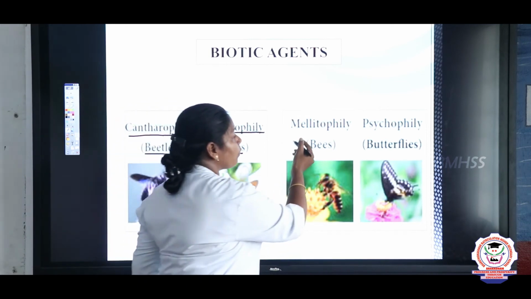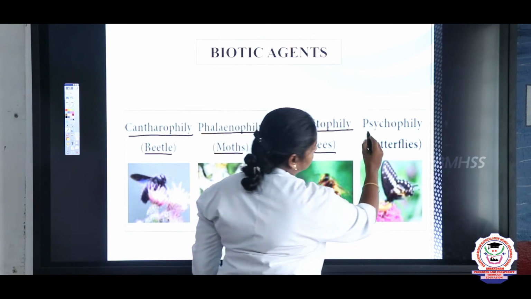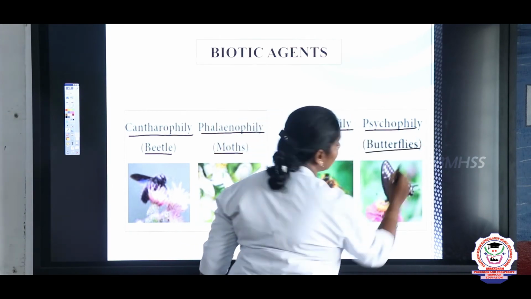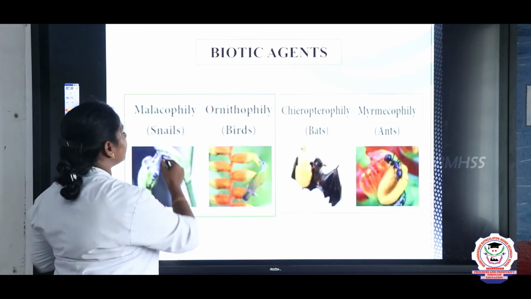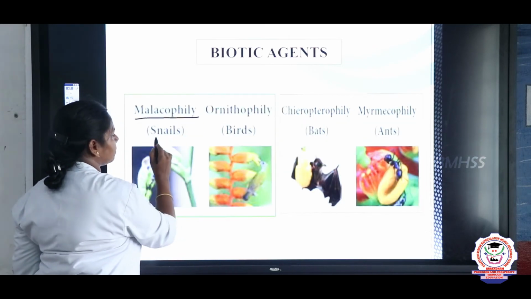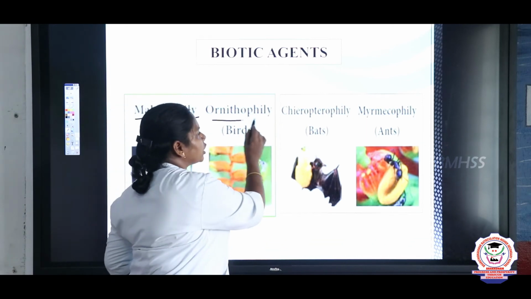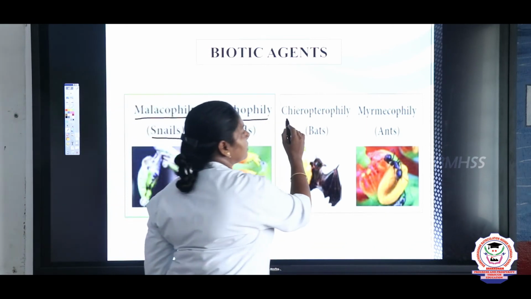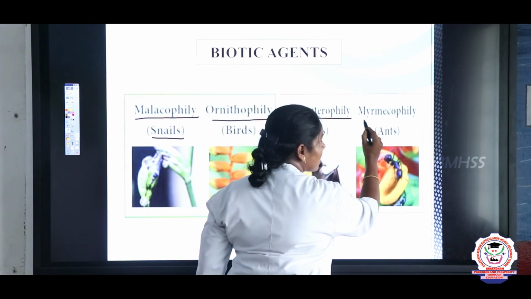Melittophily is pollination by bees, and psychophily is pollination by butterflies. Another type is malacophily, which is pollination by snails, and pollination by birds is ornithophily, pollination by bats is chiropterophily, and pollination by ants is myrmecophily.